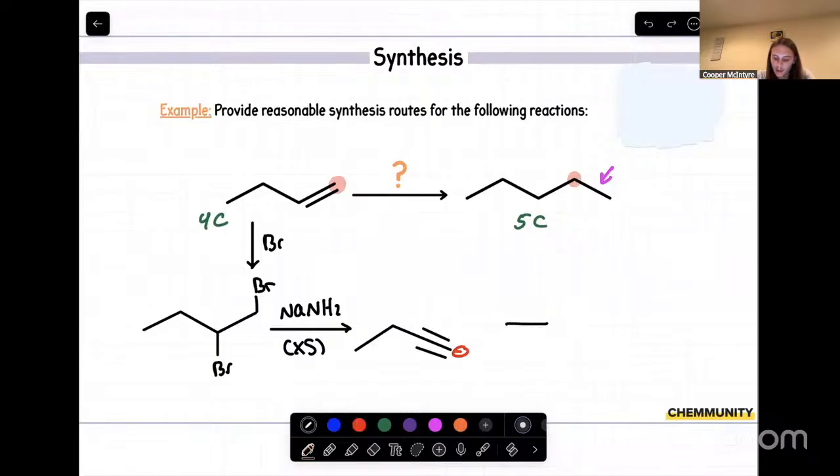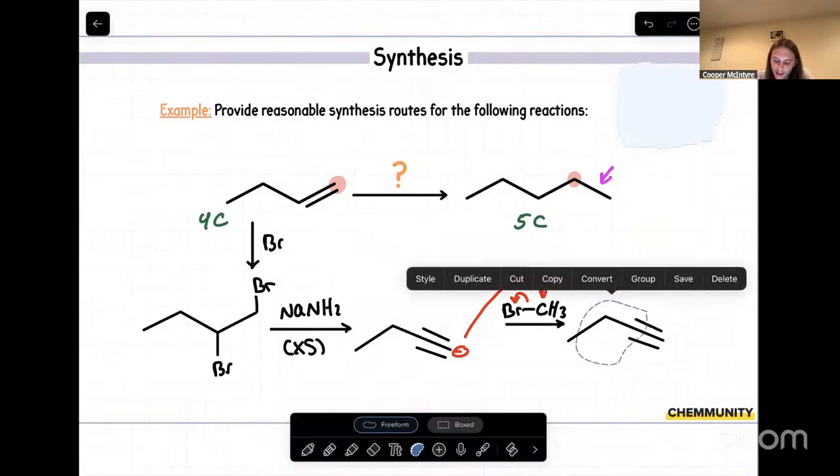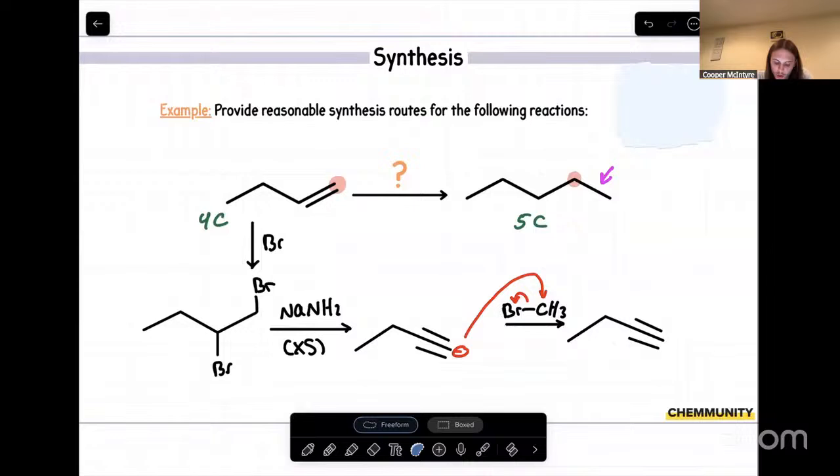So we will draw out our BrCH3. Perfect. It will attack that carbon just like that. The leaving group will leave. And then by adding that extra carbon, we can now extend the carbon chain.